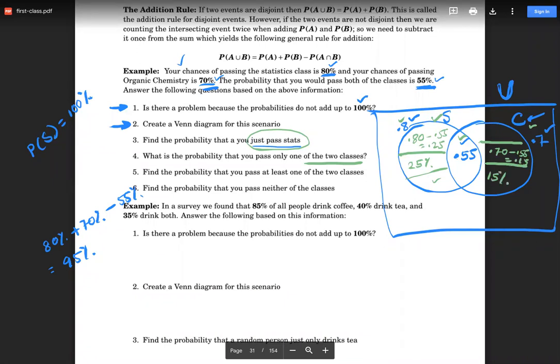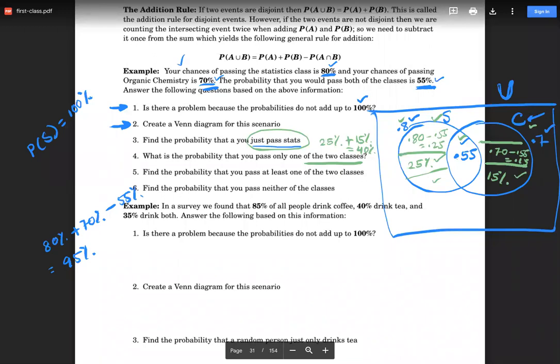Okay, so the probability that you pass only one of the two classes is you either pass statistics, which is 25%, plus you just pass chemistry, which is 15%. That is going to give you 40%.